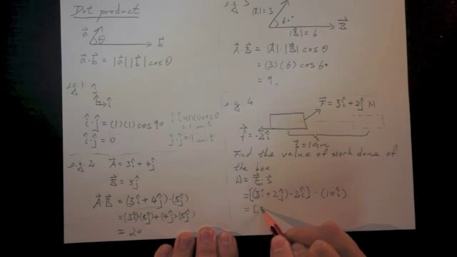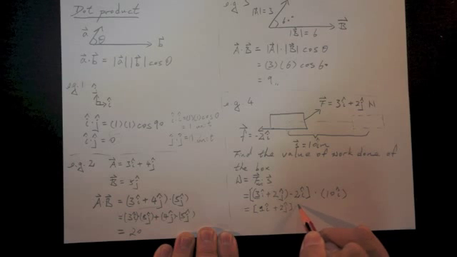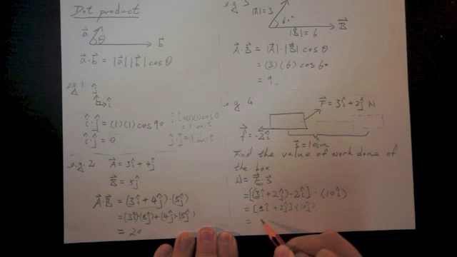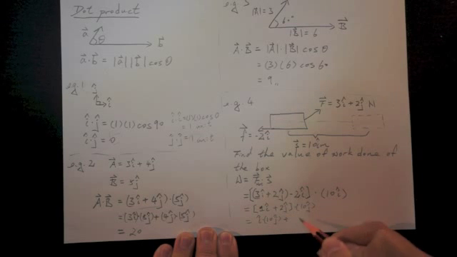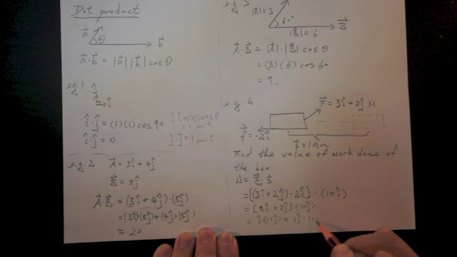We have 1i plus 2j dot 10i, and then we can multiply them together. We can have i dot 10i and 2j dot 10i.